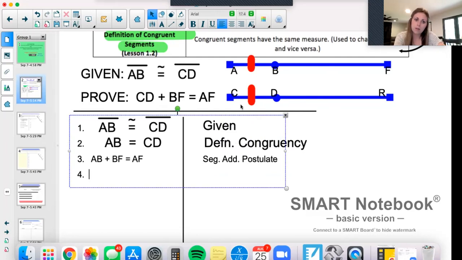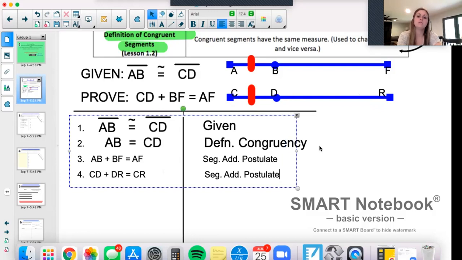For that second segment, let's do the measure of CD plus the measure of DR. What does it equal? The full segment, CD plus DR equals CR. And why am I able to do that? Okay. I'm also able to do that because of the segment addition postulate.